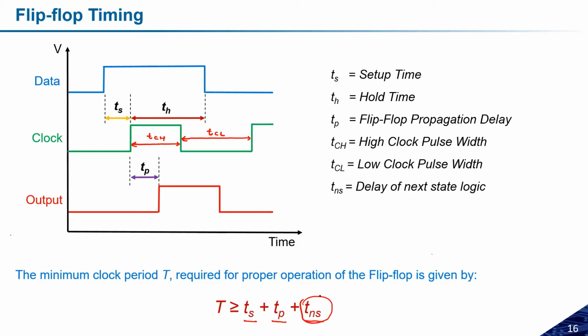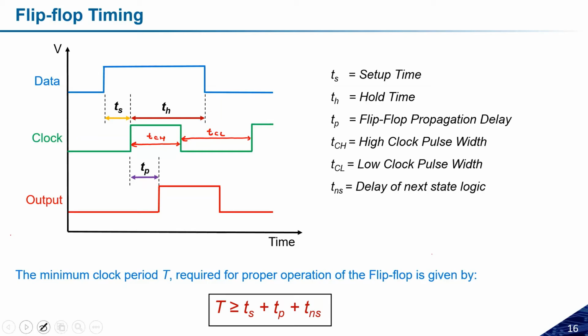Because if the next state logic is slow, what will happen? The flip-flop will keep on changing, but the next stage will not be able to perform the operation accordingly. So we need to consider how much delay there is in the next state, so that we can include all these things, and in total we call it the minimum clock period for the flip-flop.